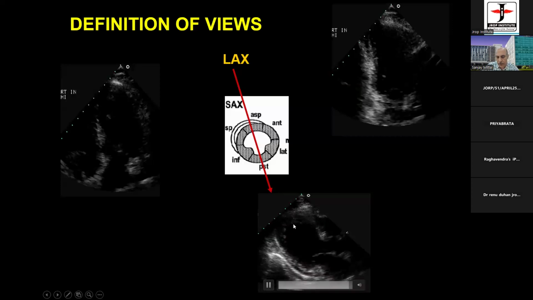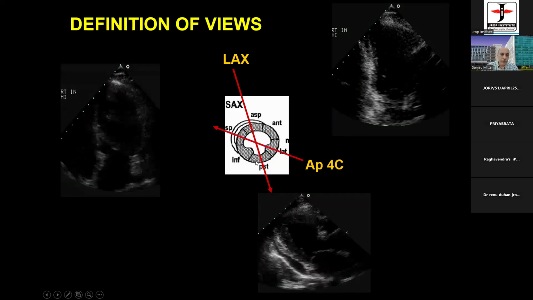This is how it would appear: the basal and mid anterior septum and the basal and mid posterior wall. Mind it, the apex is devoid of any anterior septum and posterior wall, and that is why we should not rank any segment in the parasternal long axis view in terms of the apical segments.